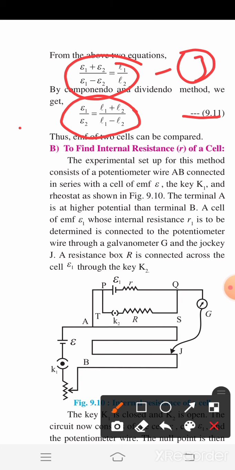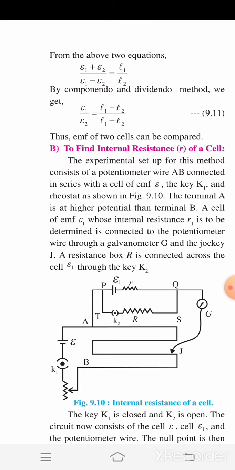If we know any one of the EMFs, E1, then we can easily find the EMF E2 using this second method by obtaining the balancing lengths using these two modes, sum mode and difference mode. In this method, we can easily compare the EMF of two cells. That is one of the uses of the potentiometer, to compare the EMF of two cells using these two methods. First one is the individual cell method and second one is the sum and difference method.